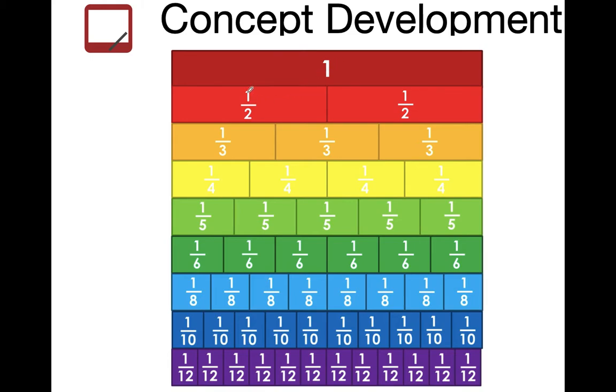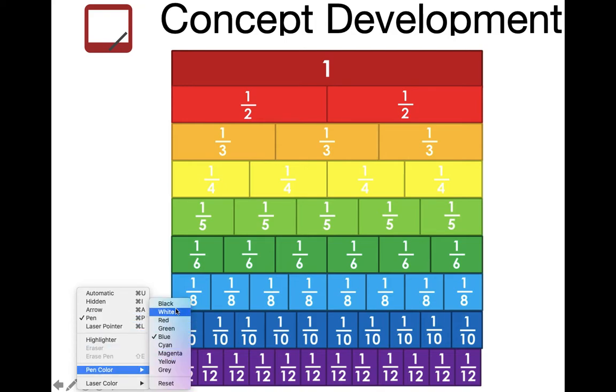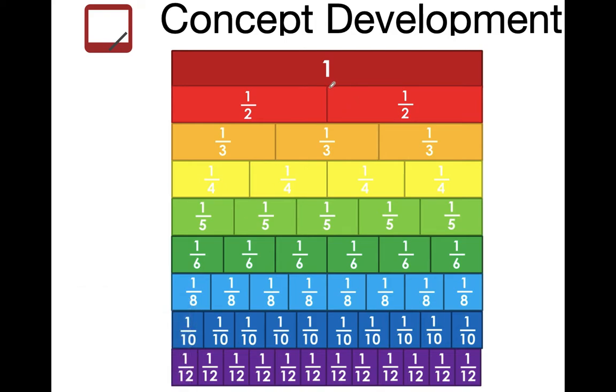Now, I'm going to just look at 1/2, and I'm going to draw a line. I'm going to use black, and I want you to tell me, just by looking at it, what other fractions are the same as 1/2.